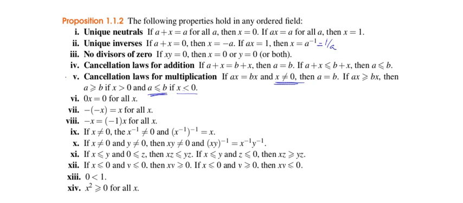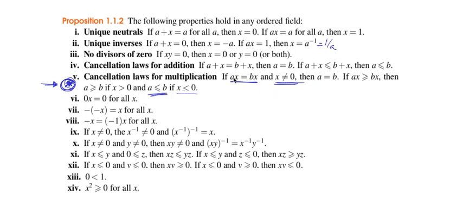So this is very important, please, because everybody makes mistakes on this. If a times x is equal to b times x, and x is 0, then you cannot make any assumption about a and b. So don't do that.